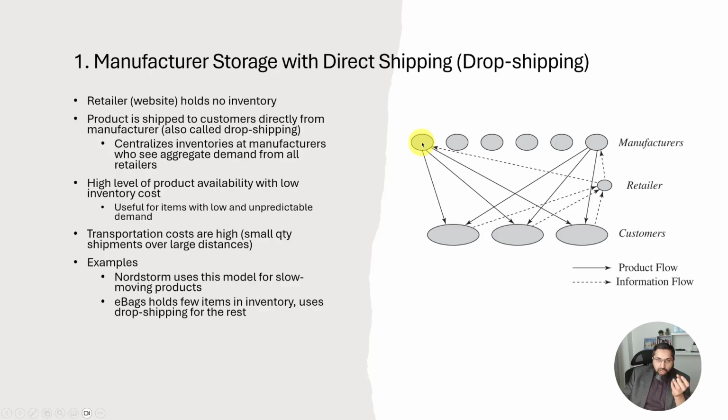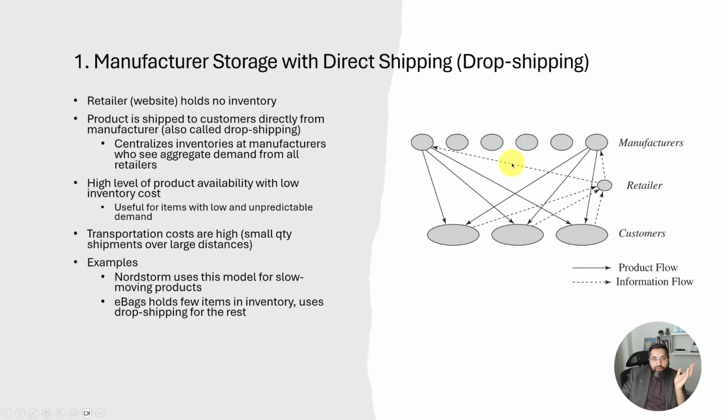Maybe there's an attached warehouse, maybe they have some space in it to store the finished goods inventory. So there's no other place anywhere in the network, no other manufacturer, no distributors, no warehouses, where Nike finished goods inventory exists. So for any given product, there's only one place the inventory exists. When you have maximum inventory centralization, your inventory costs are going to be the lowest in this network.